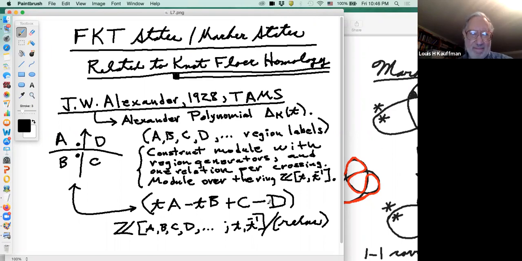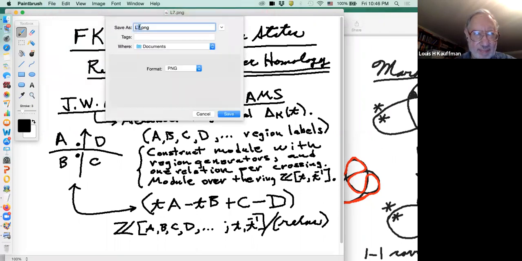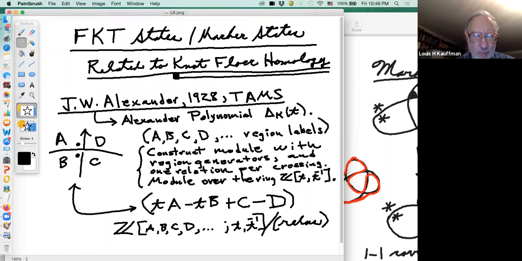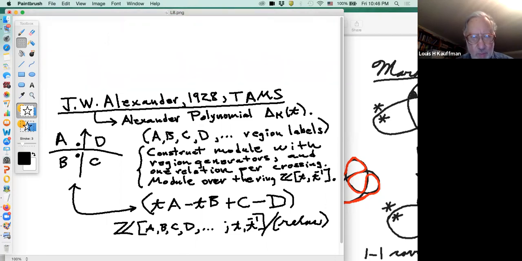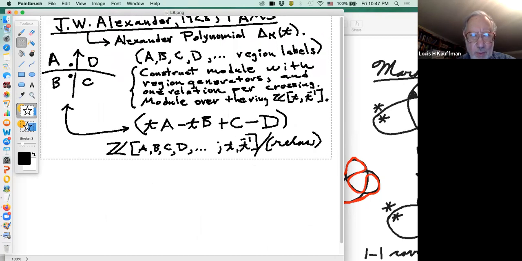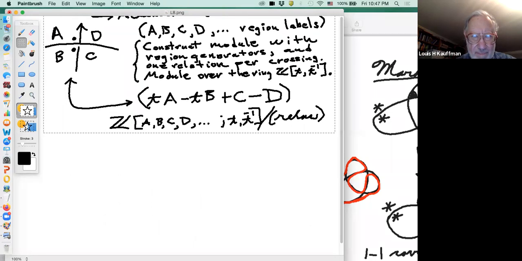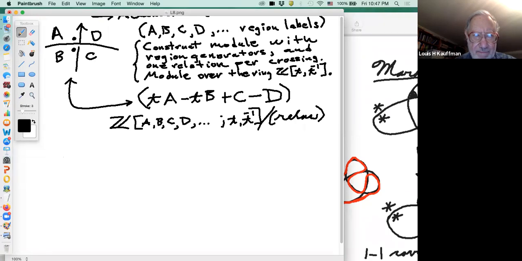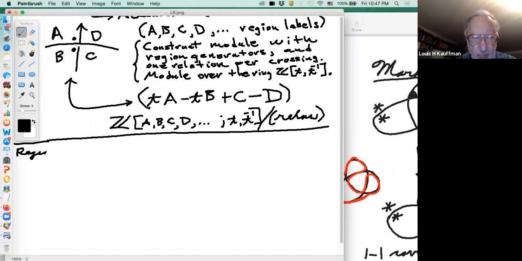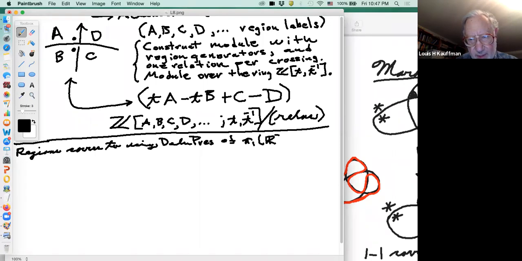How? I should remark that regions correspond to using the Dehn presentation of the fundamental group of R3 minus the knot.